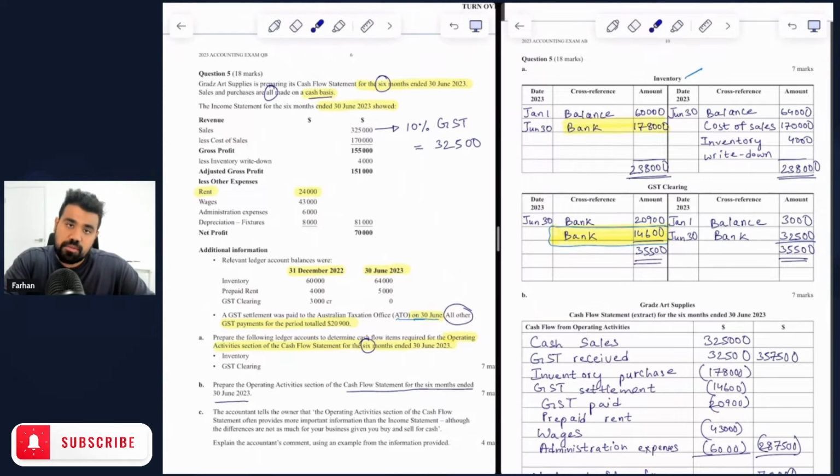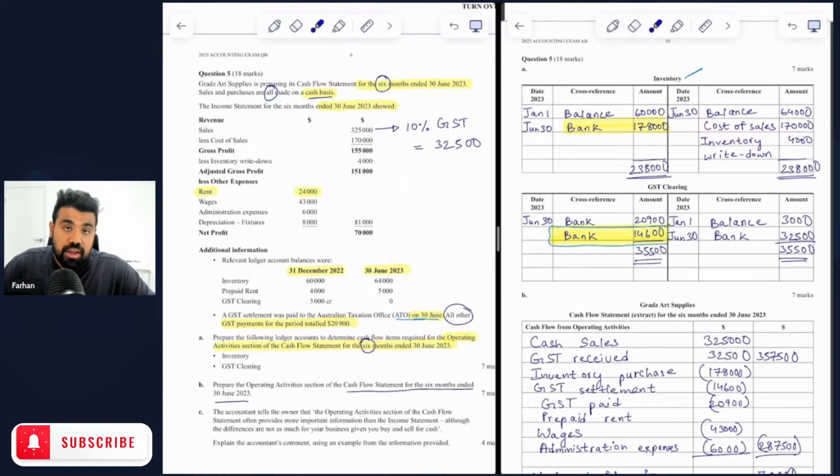If you check the income statement, you will see the amount given for sales is $325,000. We know the GST rate is 10%, which means the GST that we're going to collect on the sales is $32,500. Also, on the second line, it clearly mentions both sales and purchases being on a cash basis.